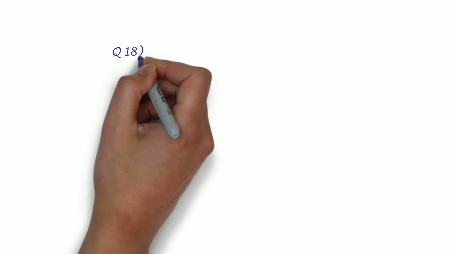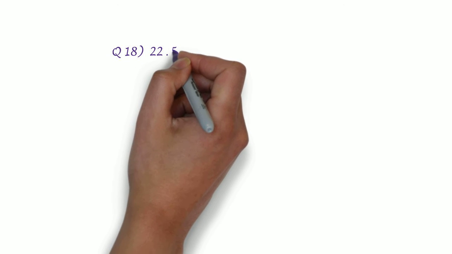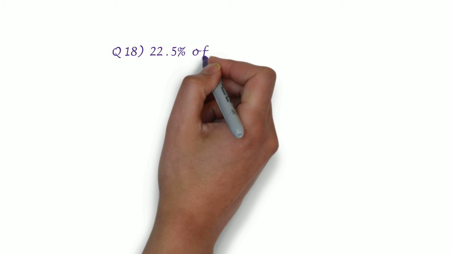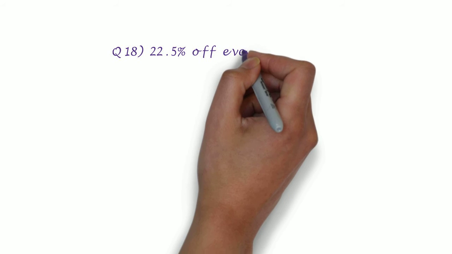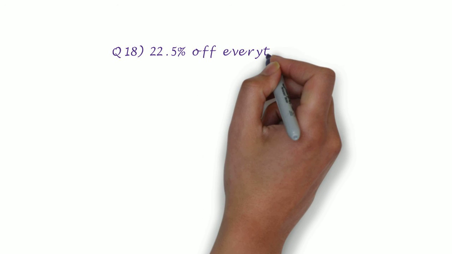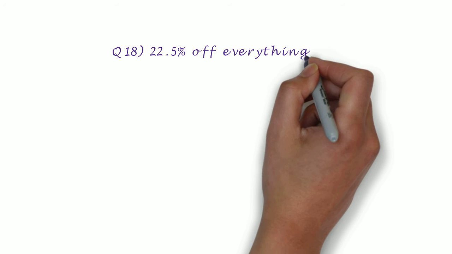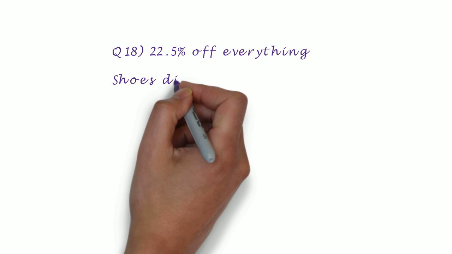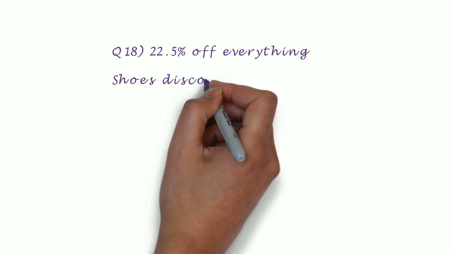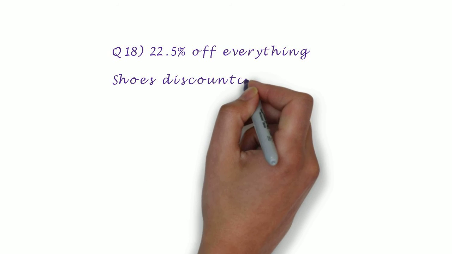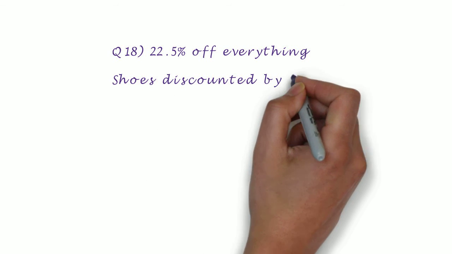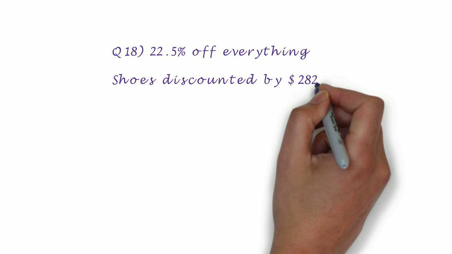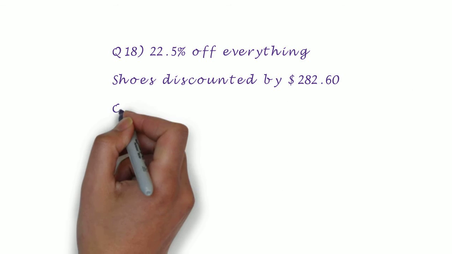Let's go to question 18. This will be our last question. Now question 18 says there's a store that's got 22.5% off everything. Now there's a pair of designer shoes. They are discounted by $282.60. And what we are asked to do is to calculate the original price.